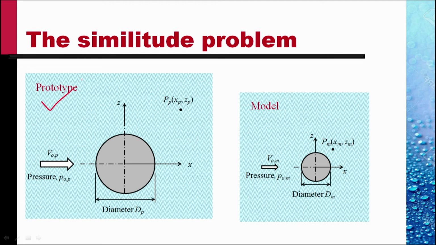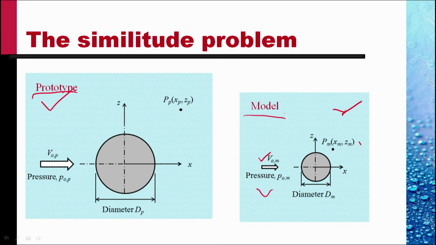We do an experiment on a model. We don't work with this, but we work with a model of a different size, geometrically similar, with a different velocity, different pressure, could be different density, could be different viscosity. Can we predict the results for the prototype experiments from the results obtained from the model?